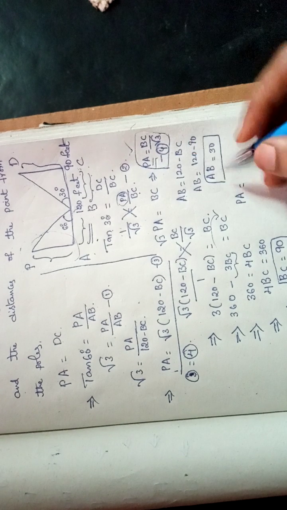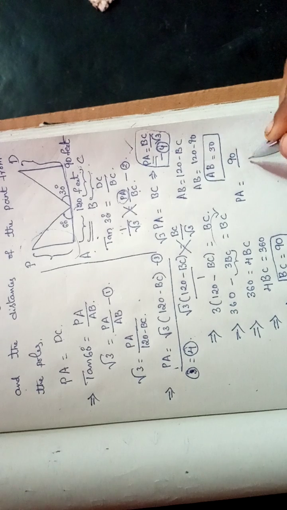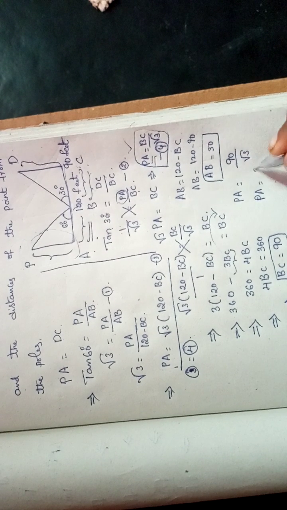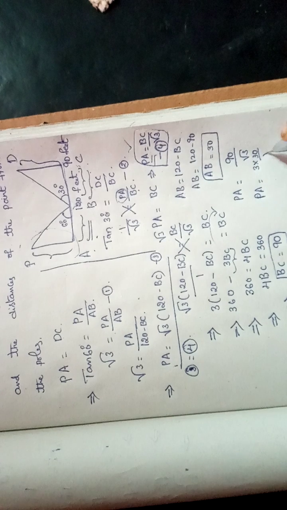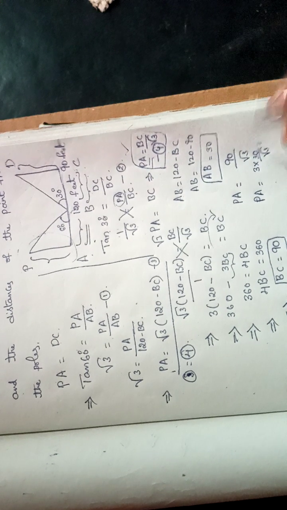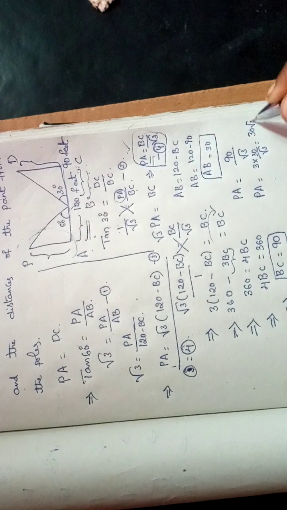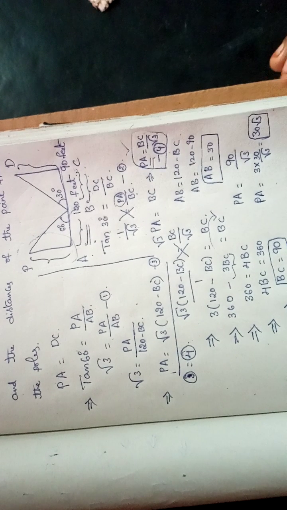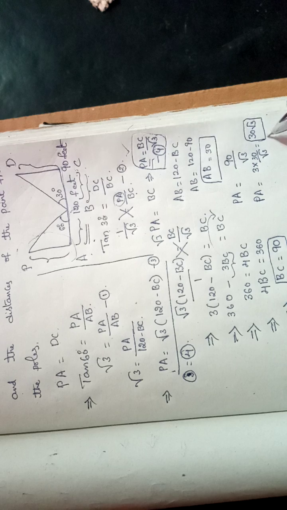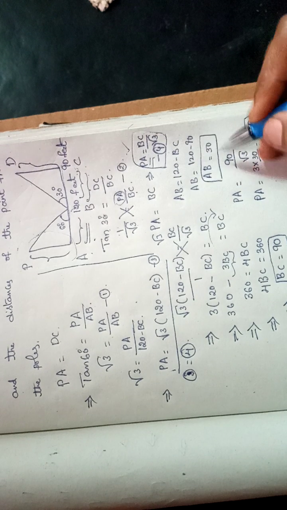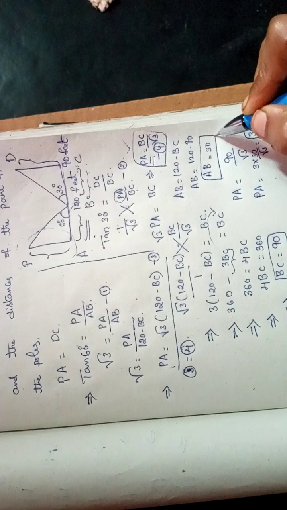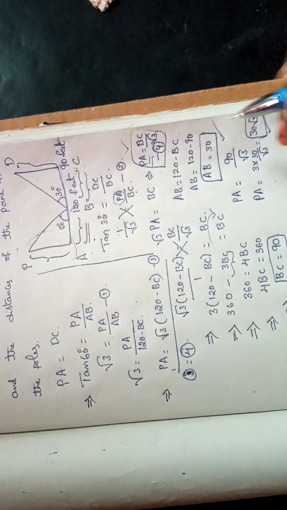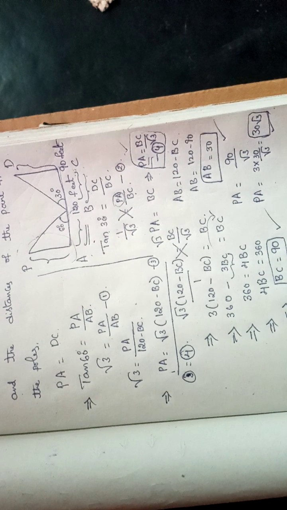Substitute BC here, 90 by root 3, that is 3 into 30 by root 3. We can write 30 root 3 feet. This is the height of the poles: 30 root 3. The distances from the two points are AB, 30 feet, and BC, 90 feet.